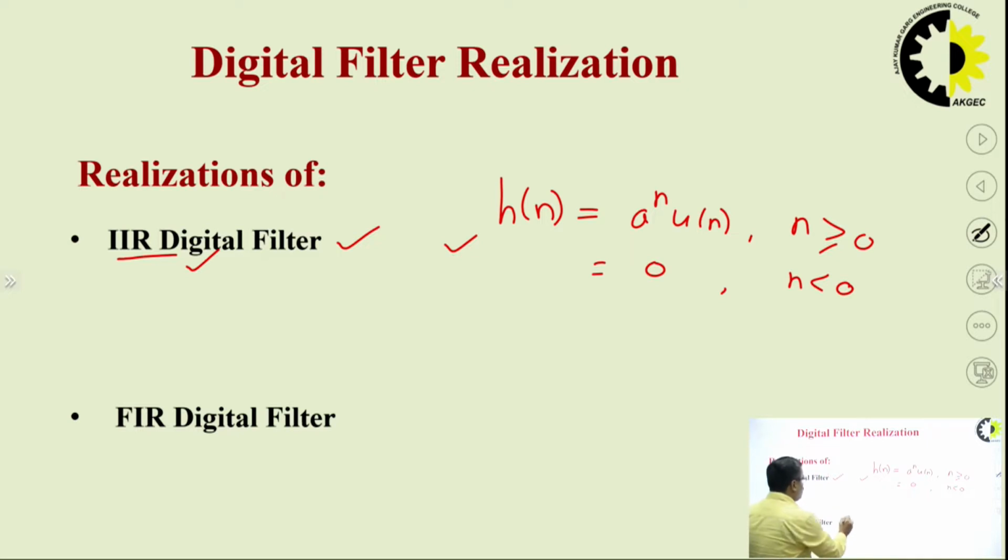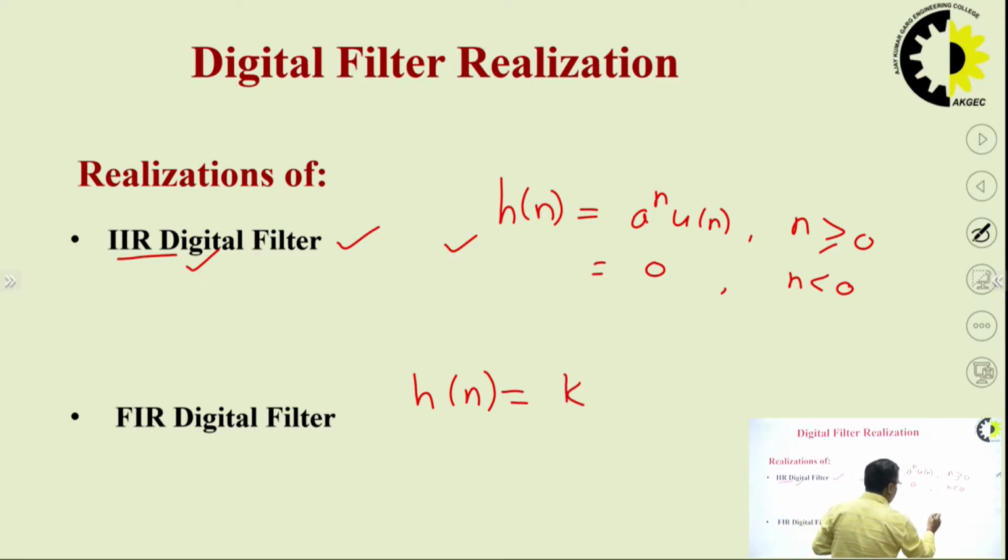If our impulse response h of n is equal to, let's say, some value k for n lying between 0 to M minus 1, otherwise it will be 0.